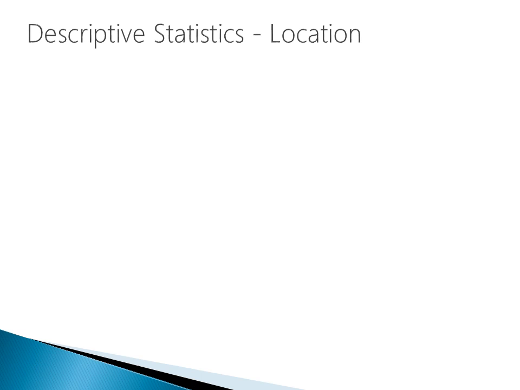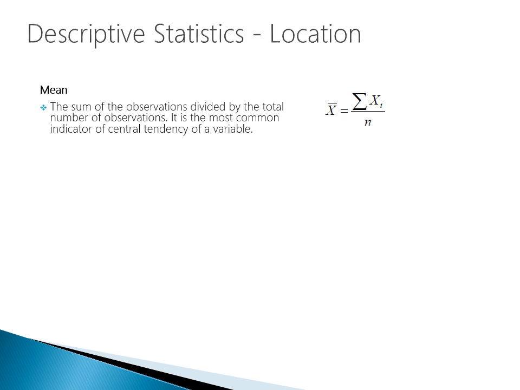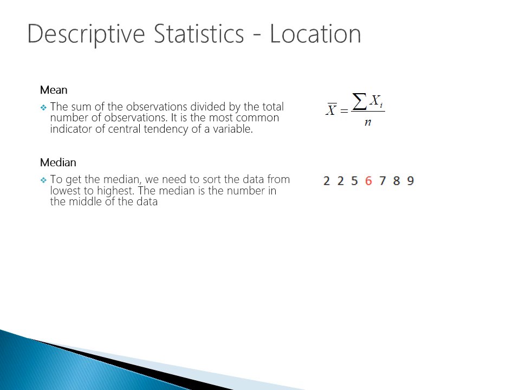We're going to spend some time now talking about measurements of location. The first measurement is called the mean, and this is a measure of central tendency. The mean is the sum of the observations divided by the total number of observations. It is the most common indicator of central tendency of a variable, and it's a very powerful one to use.